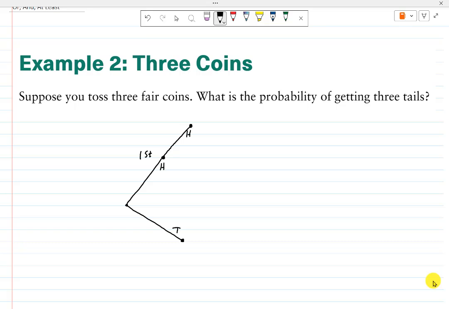Heads, tails, down here as well. Let's do, I think, that far. Heads, tails. So that was the second flip, and now the third flip.